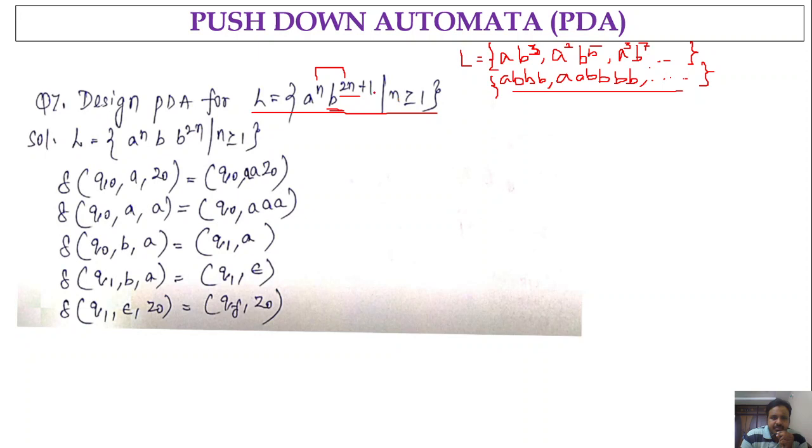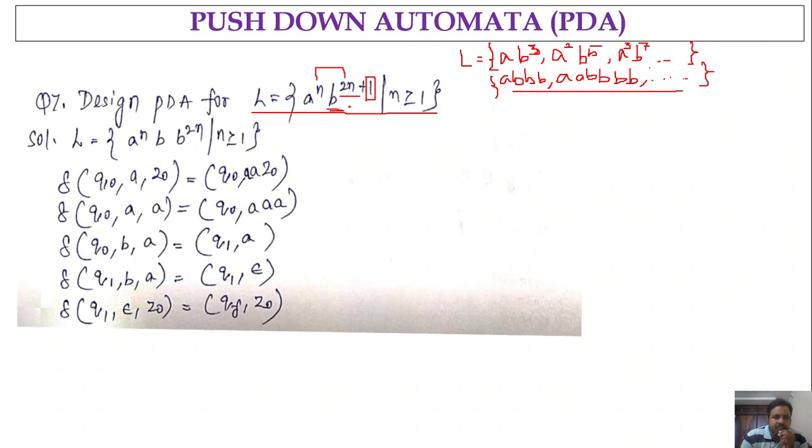Then we compare whether the number of b's is twice the number of a's or not. But additionally, we should have one more b compared to twice the number of a's. So we should have one additional b along with the twice the number of a's.